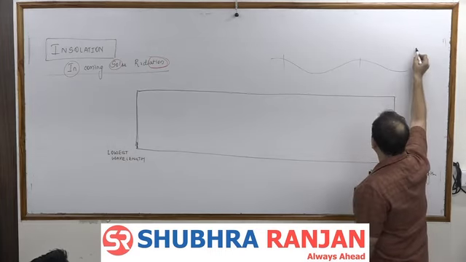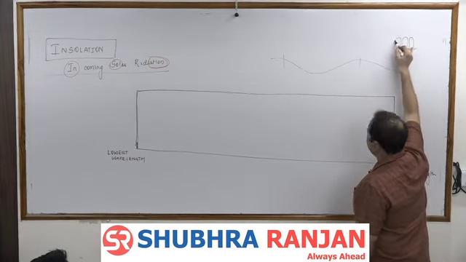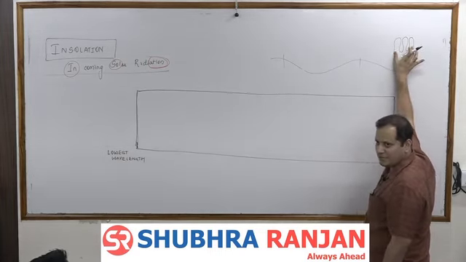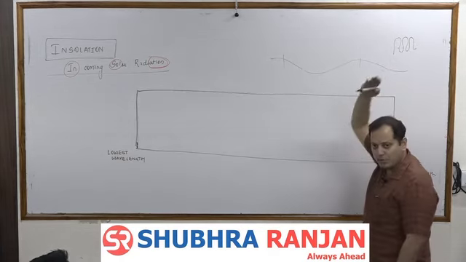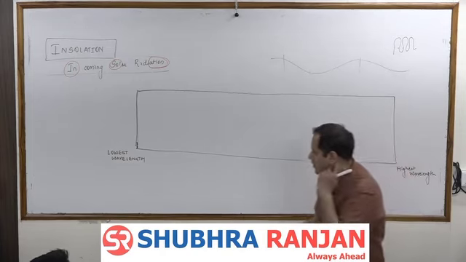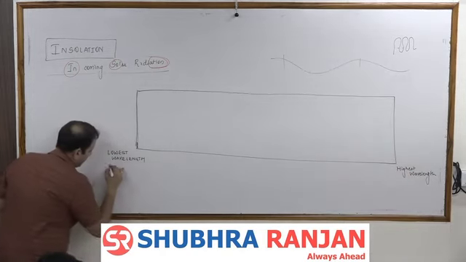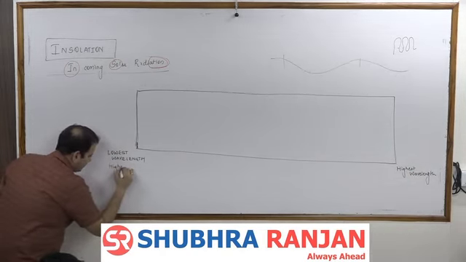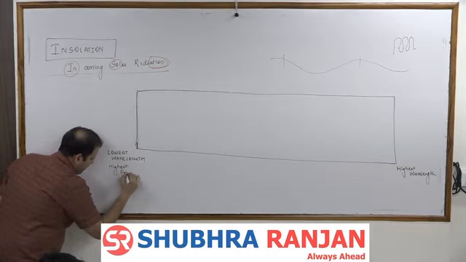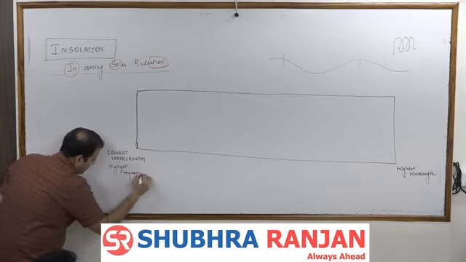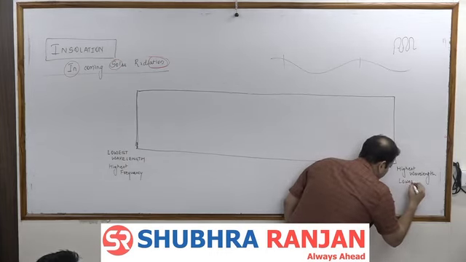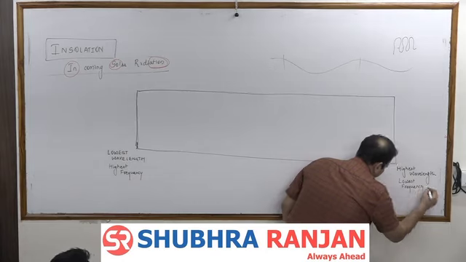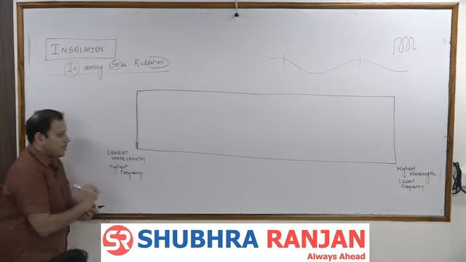And opposite to the wavelength is frequency. This frequency is greater, so wavelength is lesser. The distance traveled by the wave is lesser, but the up and down is greater. So lowest frequency.